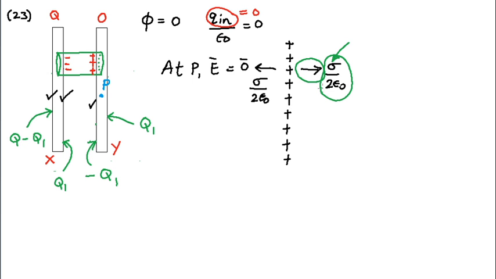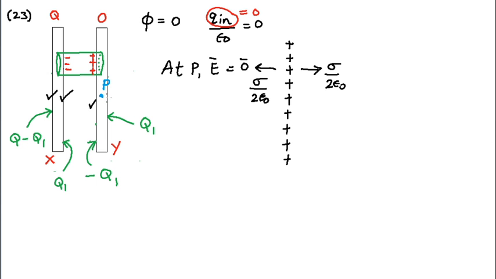That gives you the actual field's direction, which of course will then be leftwards. So I don't have to worry about whether the charge on the plane is positive or negative. The formula still works.